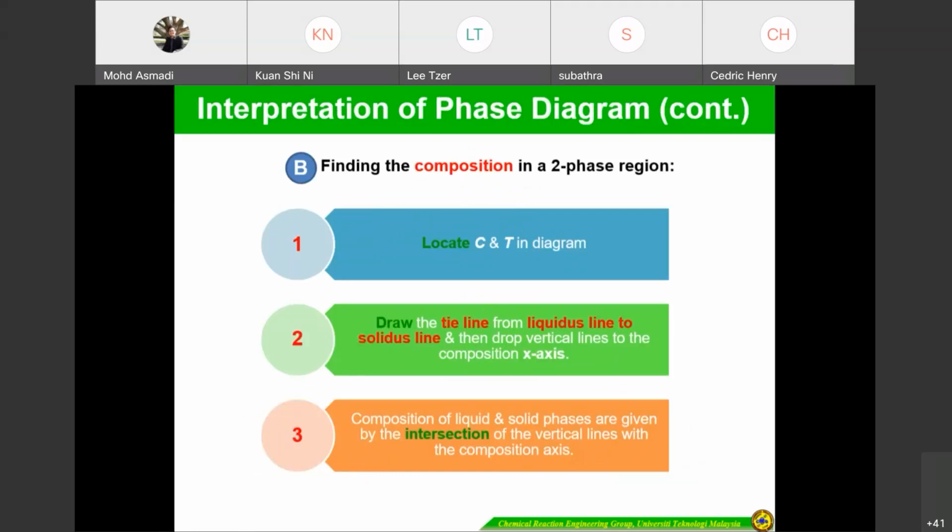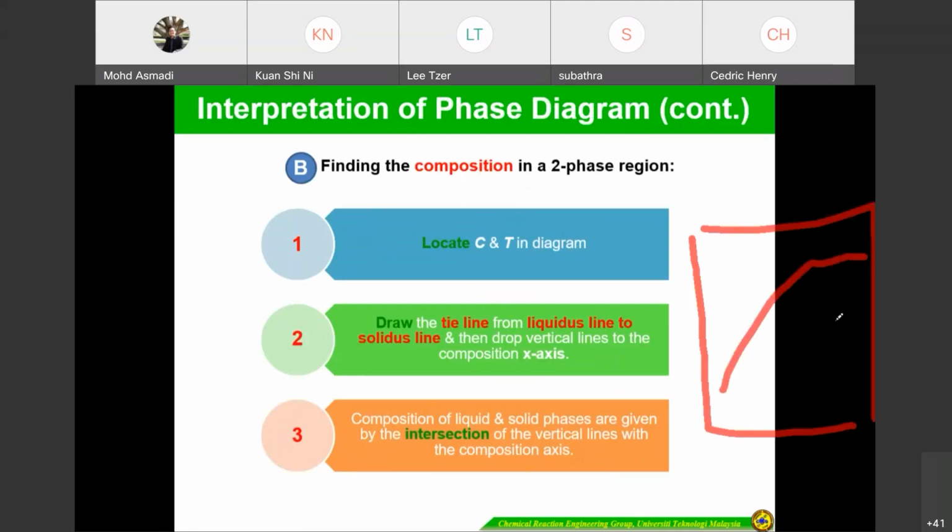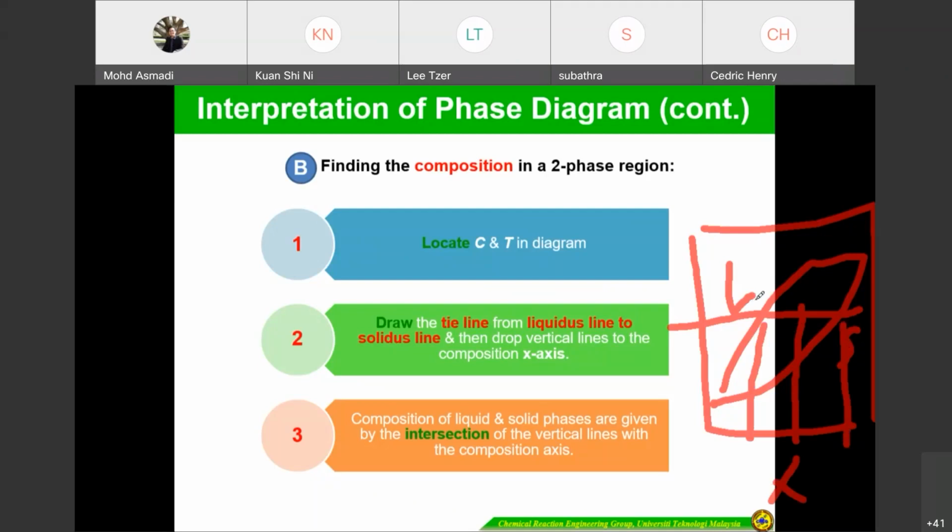Then drop a vertical line to the composition axis. The compositions of liquid and solid are given by the intersections of the vertical lines with the composition axis. So you know the composition of liquid as well as solid. Easy, right?